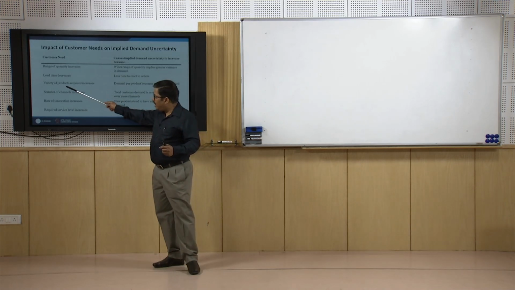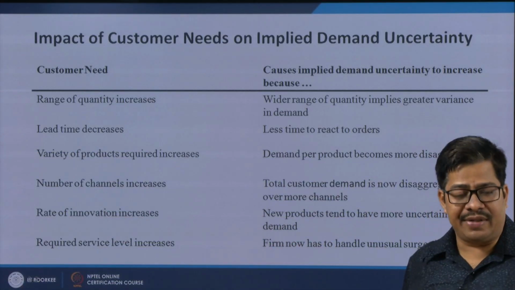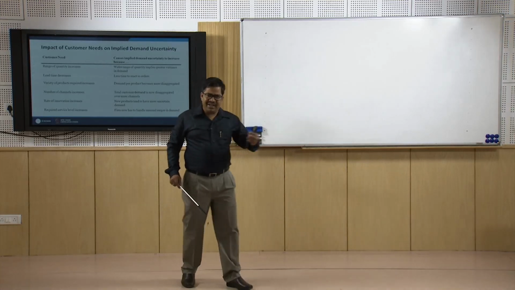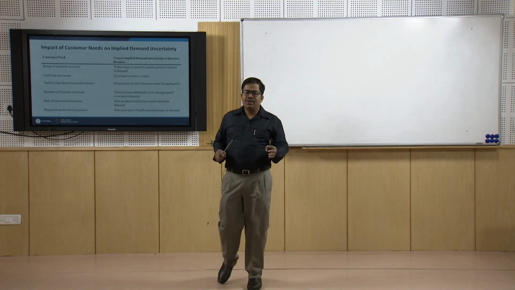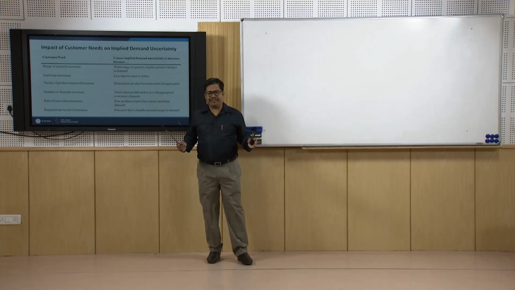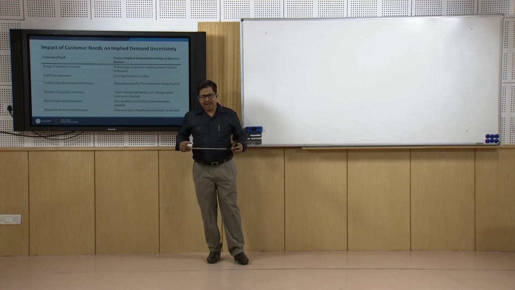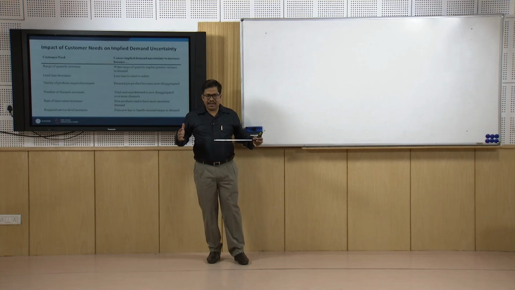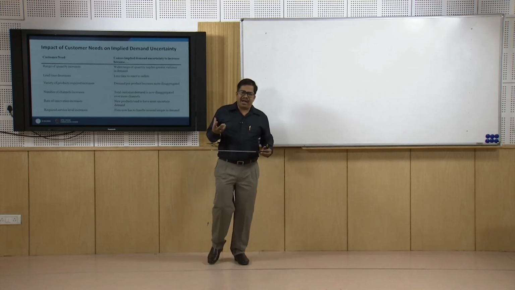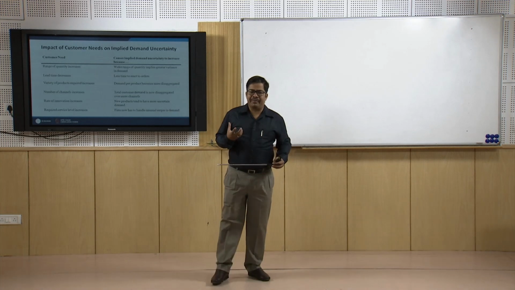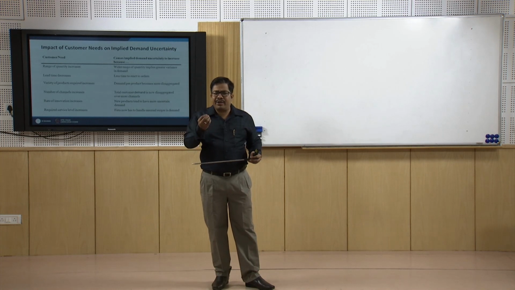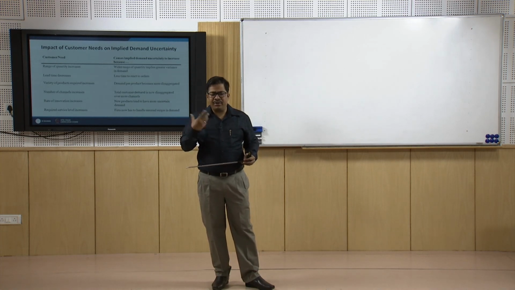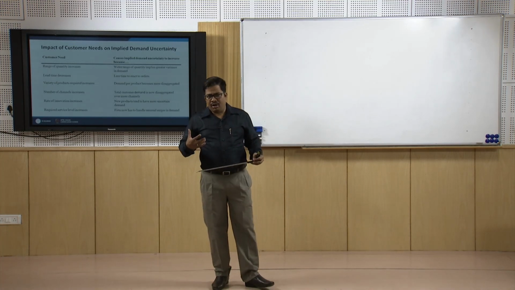Then the variety of products required is continuously increasing. You can feel in the last 10 or 15 years how the variants of products are increasing, because we all are living in the marketing era. In the era of marketing we say the customer is king, and we are going to fulfill each minor requirement of the customer, and therefore we are continuously creating more and more variants of products.